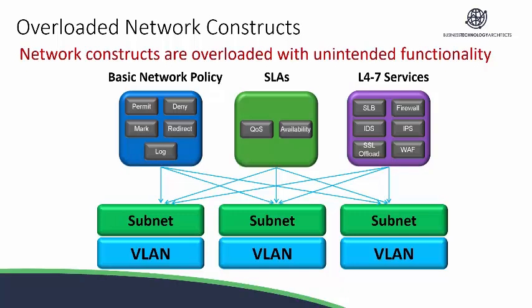So we are stateful from that perspective. We're not stateless. Our basic network policy constructs, those are the SLAs and the layer 4 through layer 7 services. These are all virtual constructs, but they're tied to a stateful model. So we want to try and get away from that stateful model.